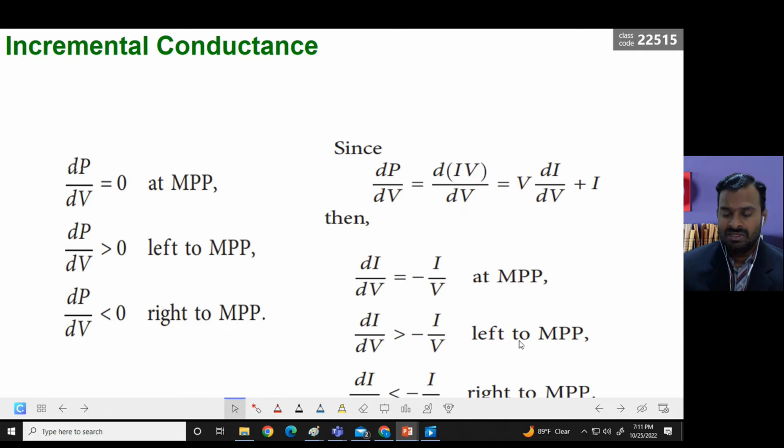If it is greater, it is for the left side of the MPP, and if it is lesser, it is on the right side of the MPP. This is the rising side, and this is the falling side, before and after reaching the MPP. This is a very efficient and effective method, but for achieving this, it needs complex hardware, so it is a bit costlier than the previous method.